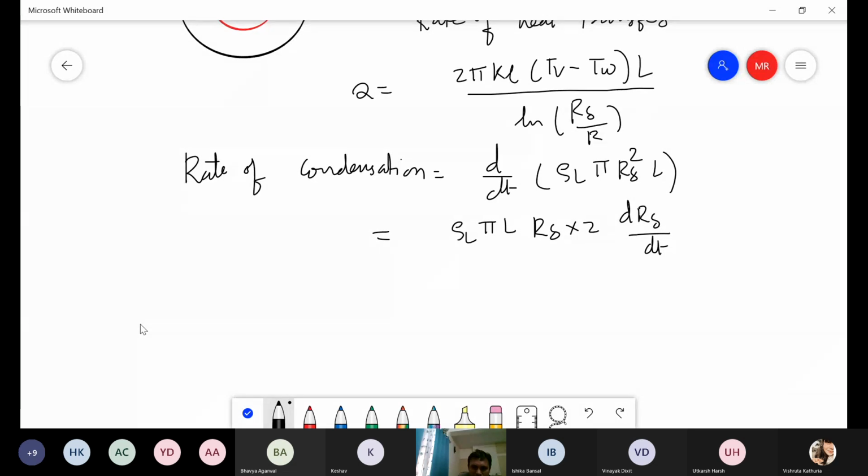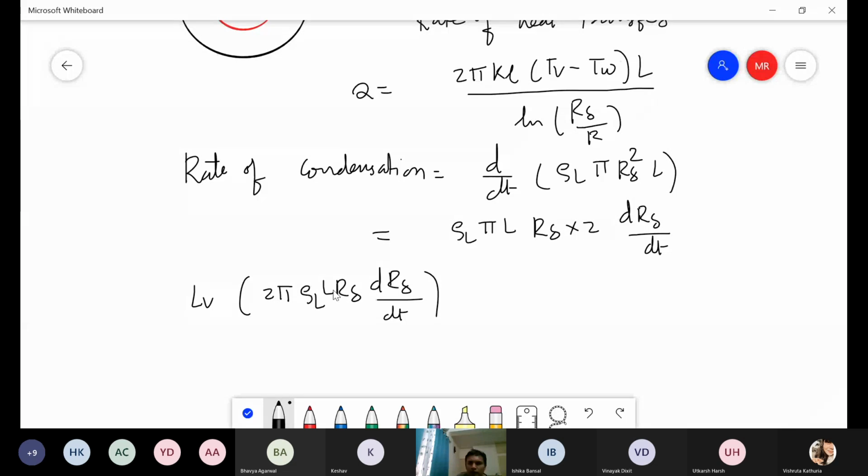So that becomes LV, the latent heat of vaporization, multiplied by 2 pi rho L R delta dR delta by dt, and there is an L also, isn't it?